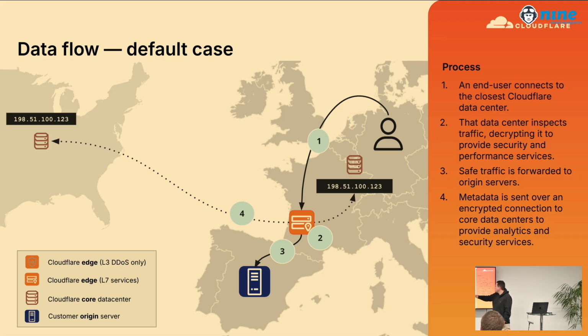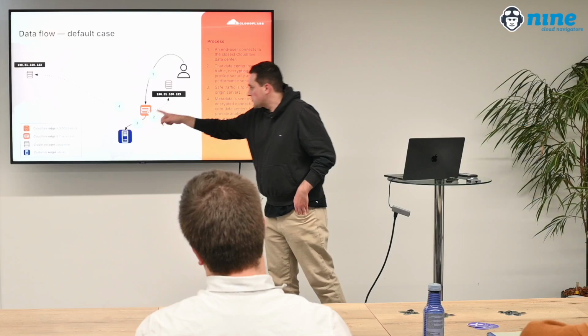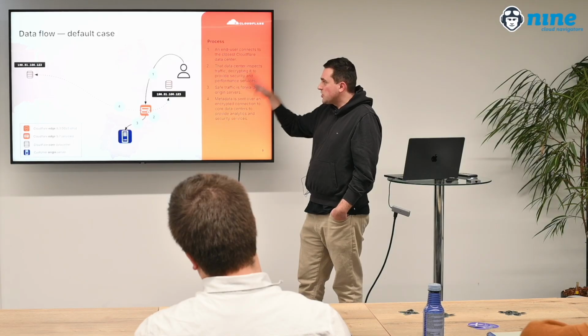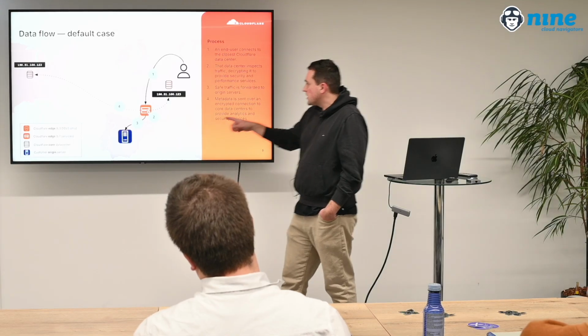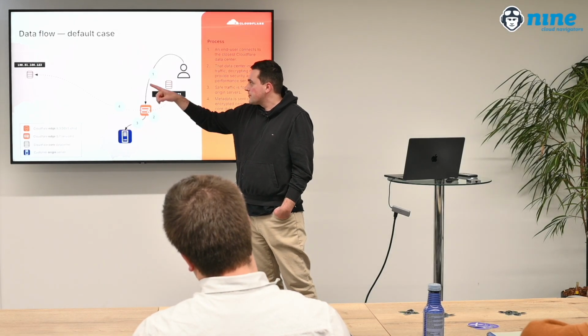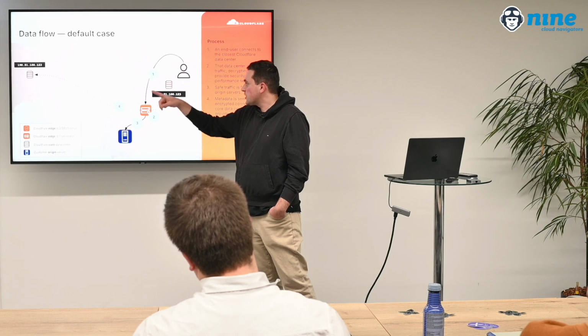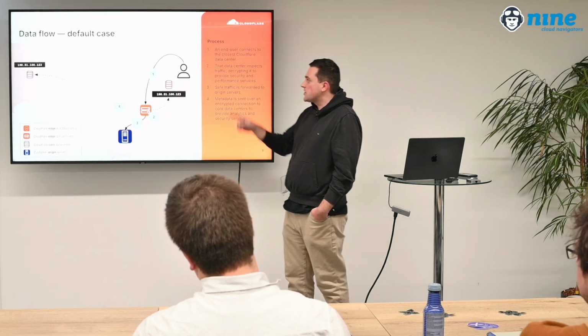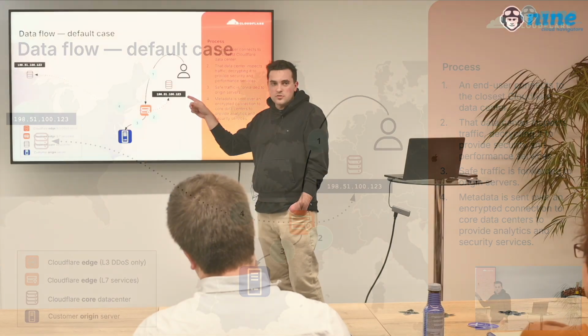In this data center from Cloudflare, it will look at the traffic, inspect the traffic, decrypt it, do the traffic sequence that I showed earlier, and then it's forwarded to your origins, right? So that's the part that is visible. Then, of course, the metadata about this connection, about this traffic, is sent to the core data centers that Cloudflare operates out of the US and out of Europe.